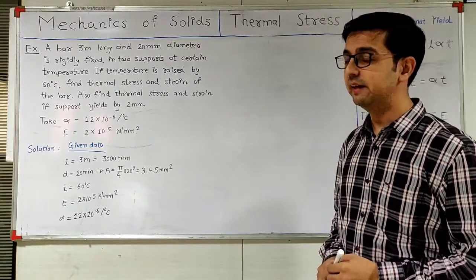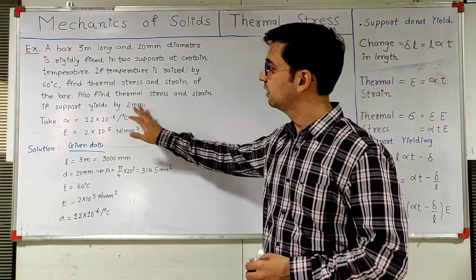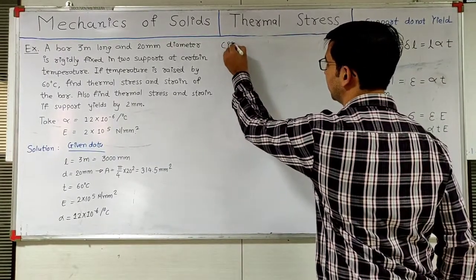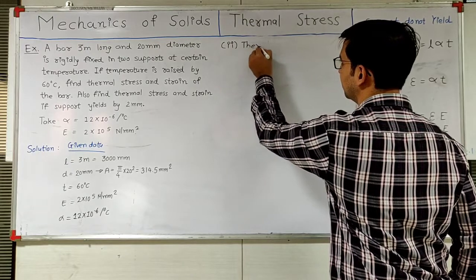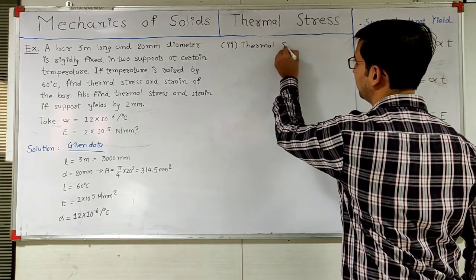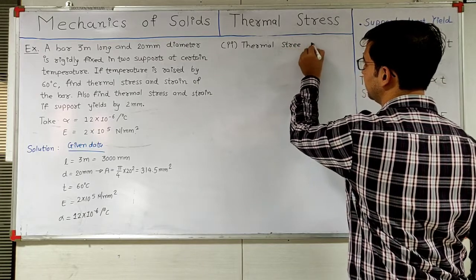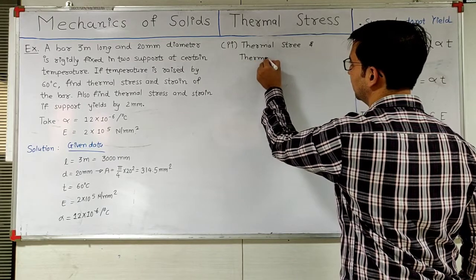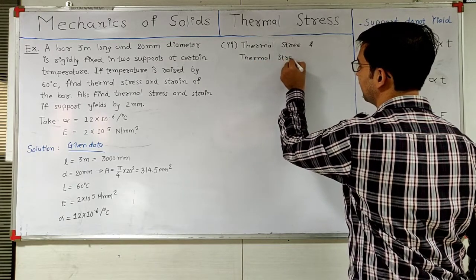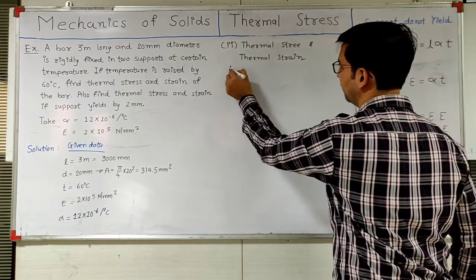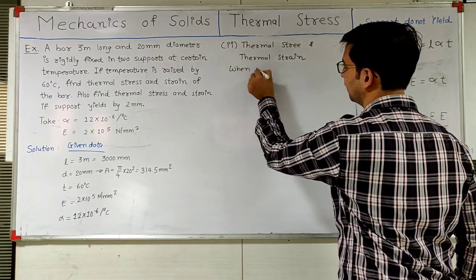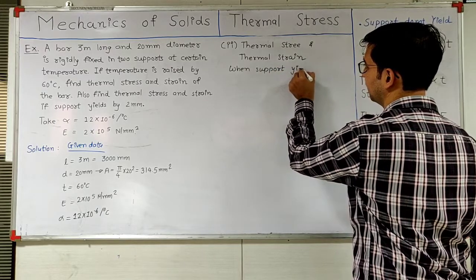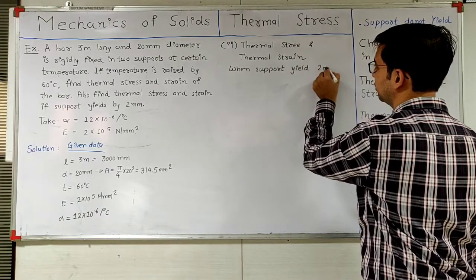Next parameter is needed when support is yielding by 2 mm. So in second parameter we need the same parameters from the first data, thermal stress and thermal strain, when support yields 2 mm.